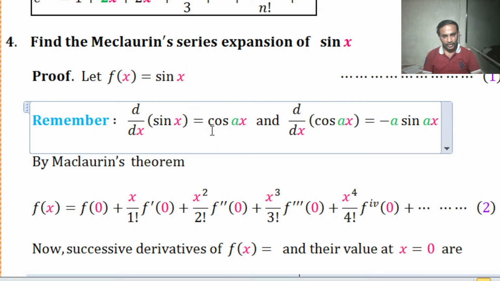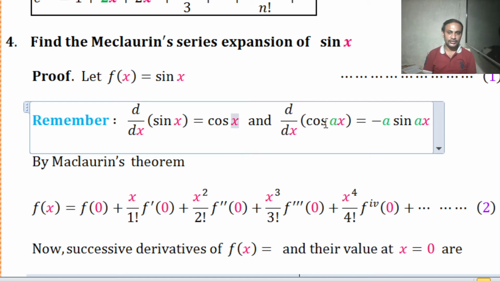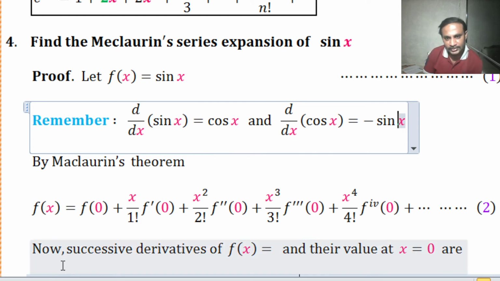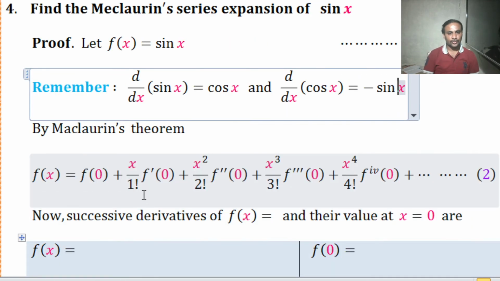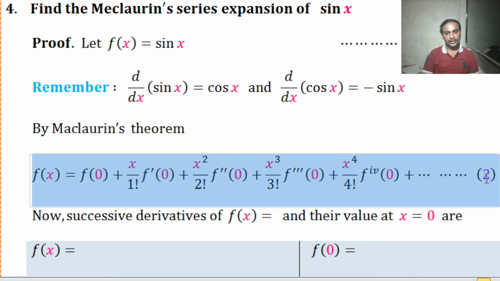So after ignoring term a, derivative of sin x is cos x, and derivative of cos of x is minus of sin of x. So these are the derivatives of sin x and cos x. Therefore by Maclaurin's theorem we can express f of x in this type.